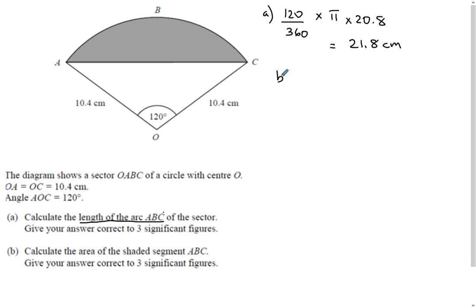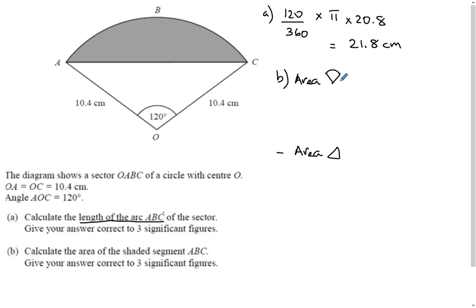Now, part B, calculate the area of the shaded segment. Just like we did on the previous question, it's the area of the sector minus the area of the triangle.